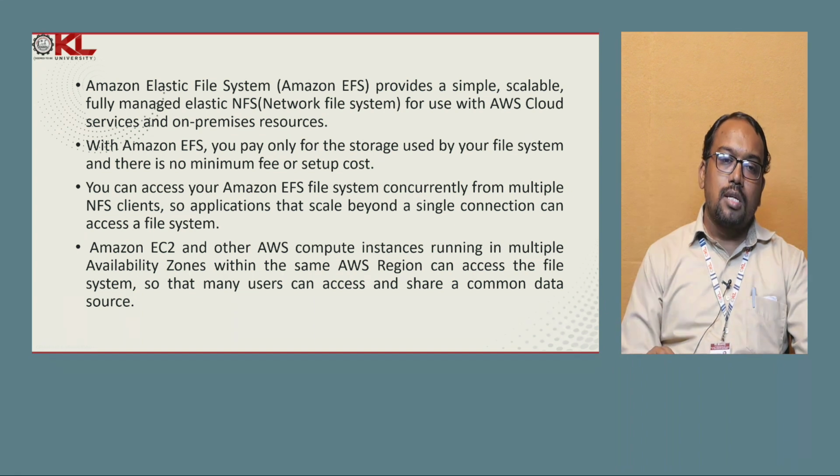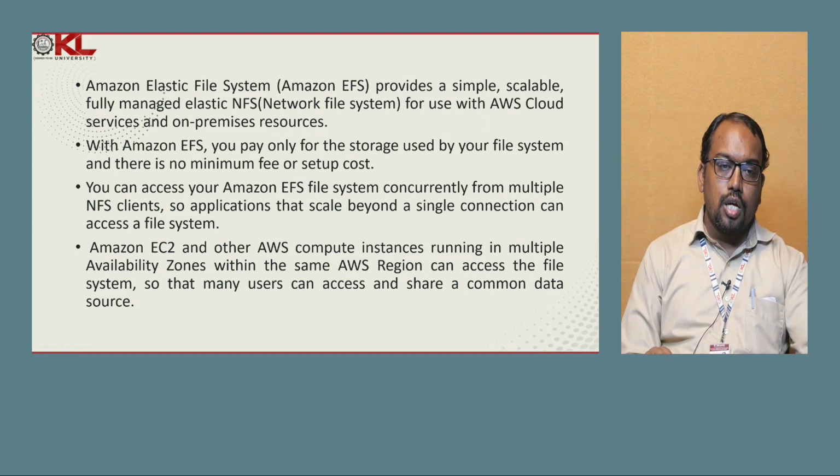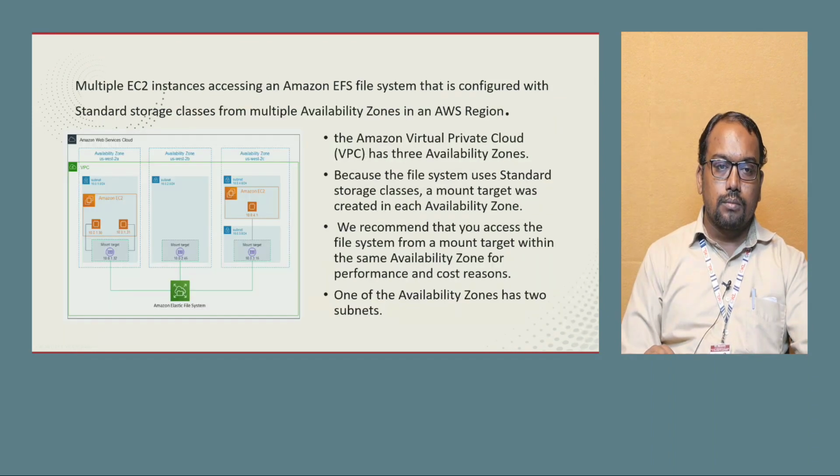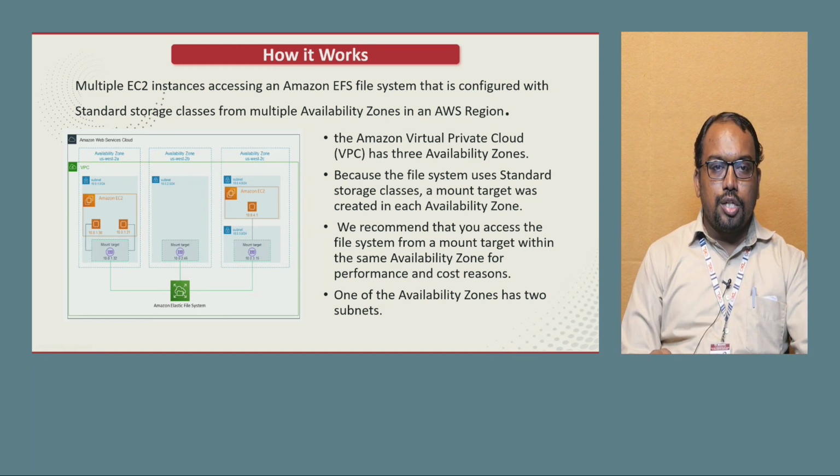You can access the AWS EFS file system concurrently from multiple NFS clients. So applications, scalable beyond the connection, can access the file system. So how it works: multiple EC2 instances access the EFS file system, configured with the standard storage classes from multiple availability zones in an AWS region.